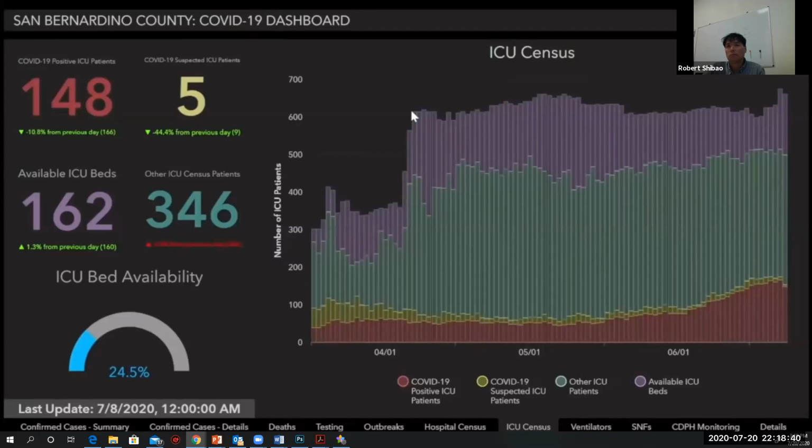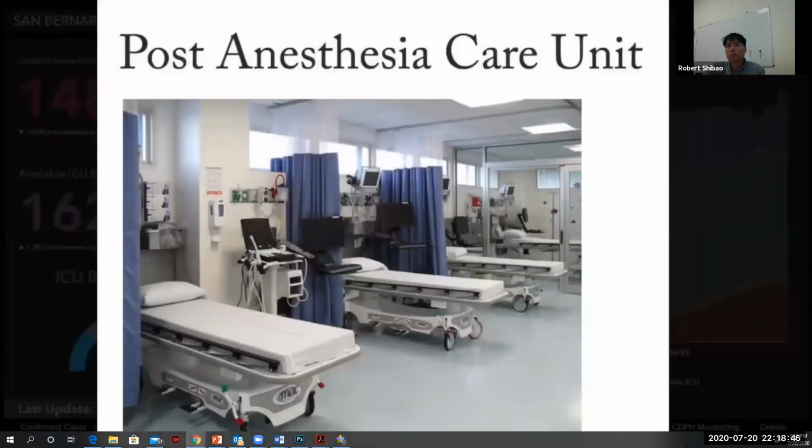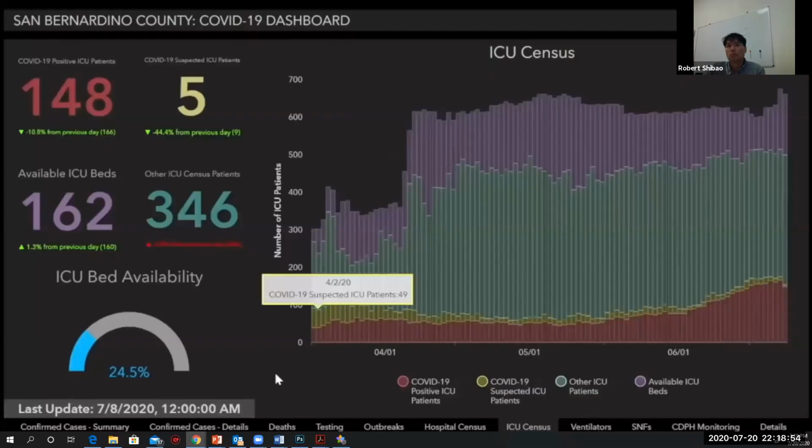That would be in regular patient rooms, for instance, in rooms that would not be ICU. We could also be doing this in what we call the PACU. These are where patients come out of surgery and are staying and they're being monitored there. We could turn those into ICU beds. Of course, it's not ideal. Sometimes the monitoring is not as good as it would normally be. But as we've said many, many times here, the good is not the enemy of the perfect.